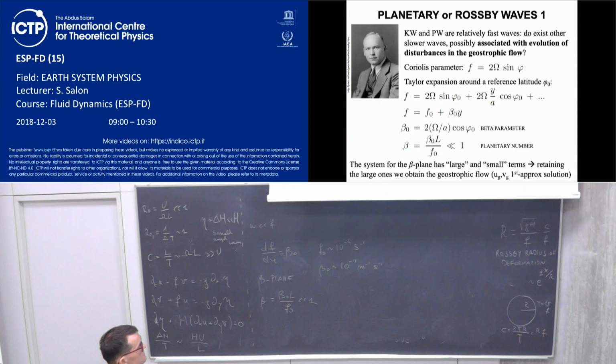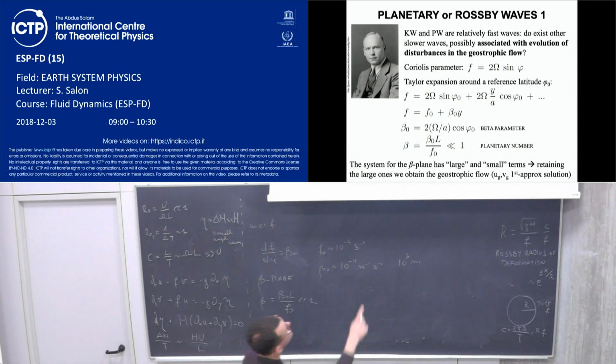Because if you multiply this by something which is like even 10 to the 5 meters, we can have that this is much smaller than 1.